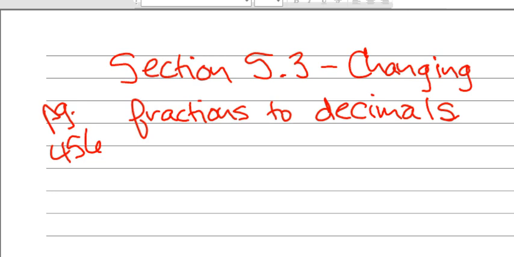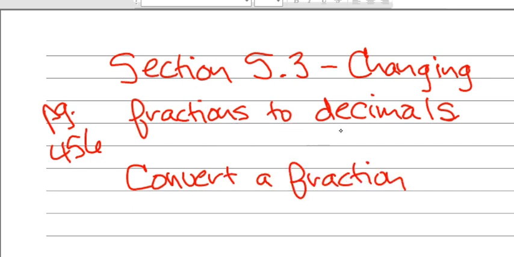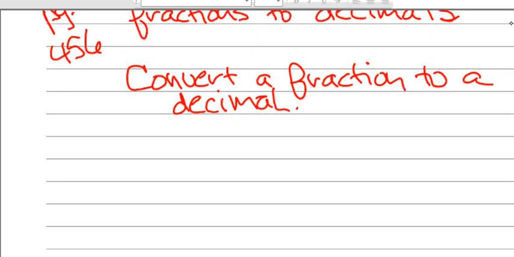So, first of all, I want to be able to take a fraction and convert it into a decimal. So, I'm going to start with 2/5.